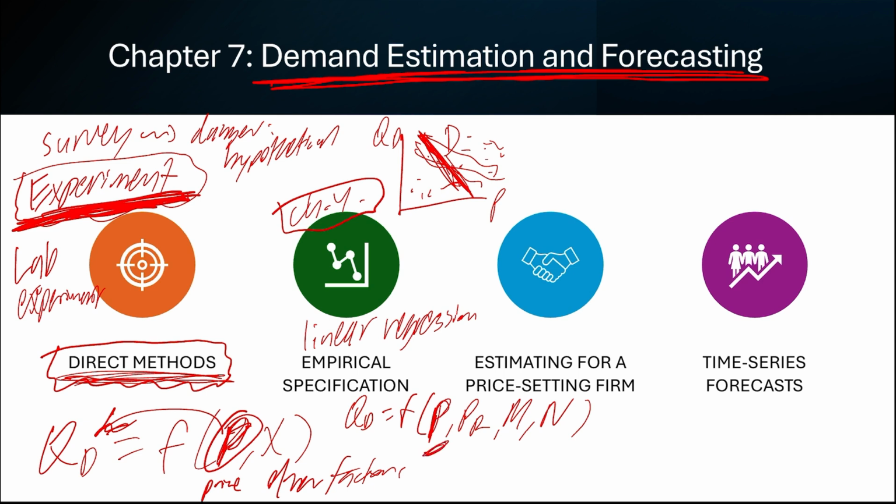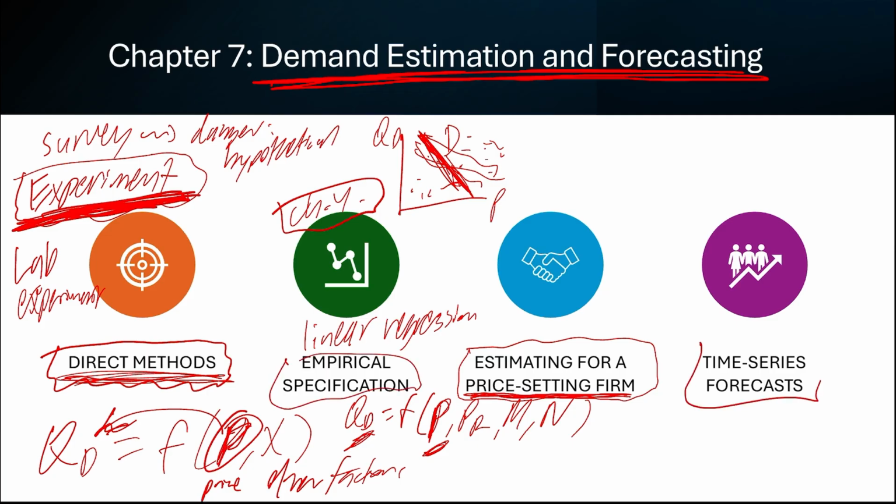How does our price relate to how much people want to buy, our quantity demanded? And so then we can estimate this for a price setting firm. It's worth considering that this gets a lot more complicated if you're thinking about estimating demand for an industry, because you have to think about the role that quantity supplied plays in this. But if we're just looking at estimating demand for one specific firm that can set different prices, this method might work better, to do some linear regression.